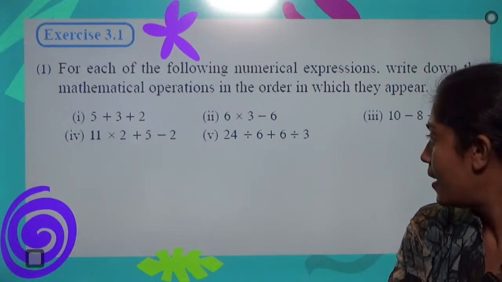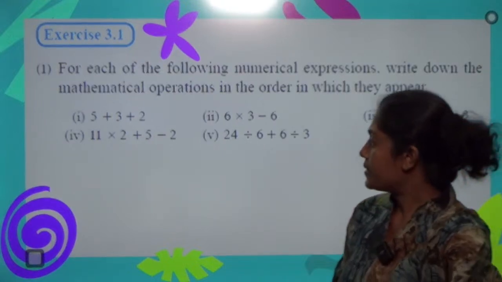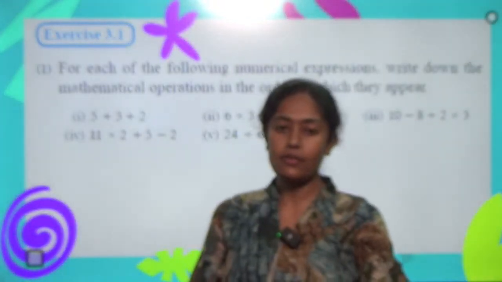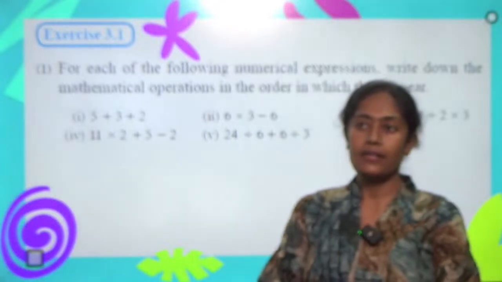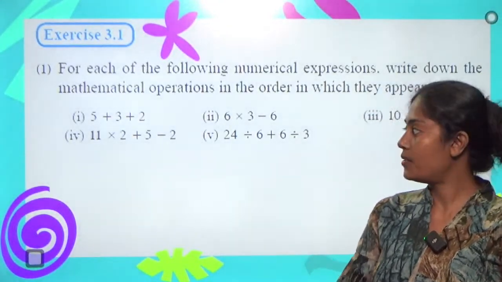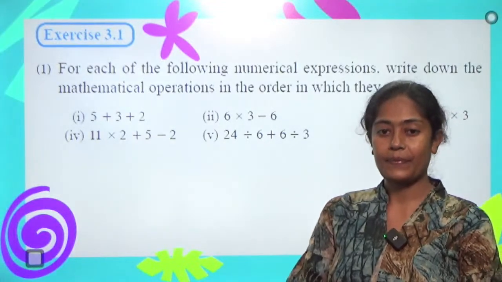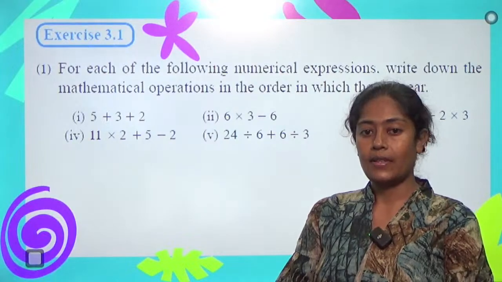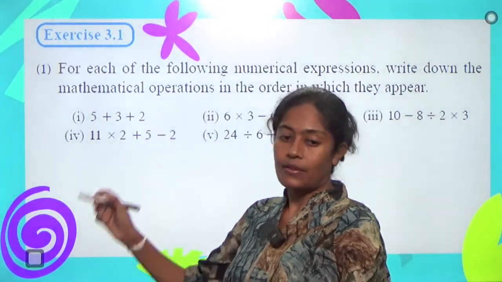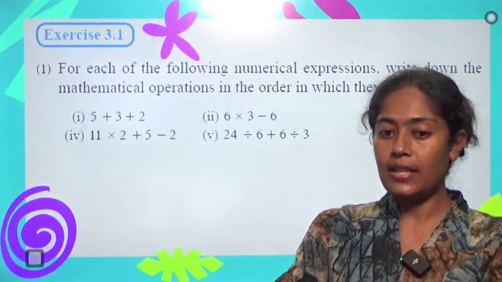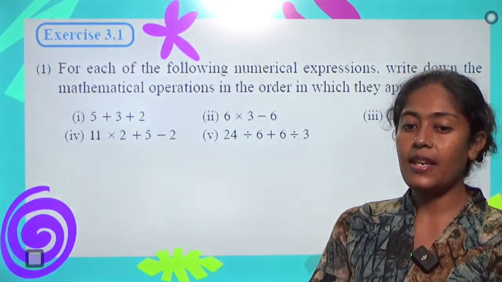First one, 5 plus 3 plus 2, or 5 addition 3 addition 2, right? So what is the mathematical operation we are using there? This is the symbol. Here the question is asking, write down the mathematical operation in the order in which they appear.